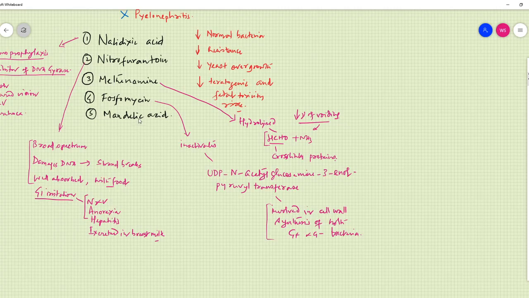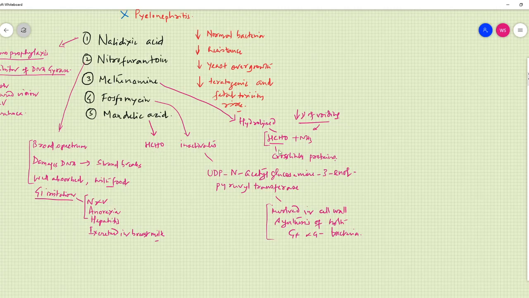So that is fosfomycin. Mandelic acid, the point is that mandelic acid is also broken down to formaldehyde. So this is the active bactericidal agent.